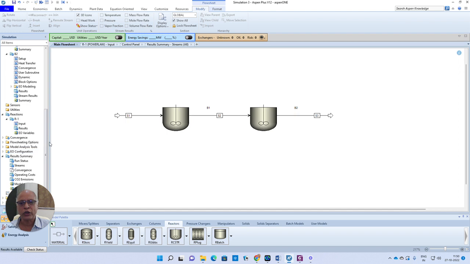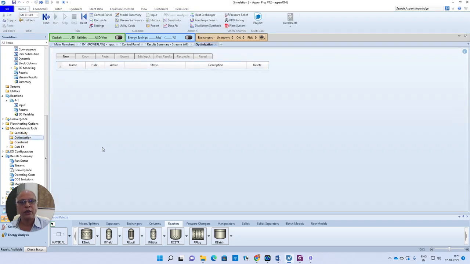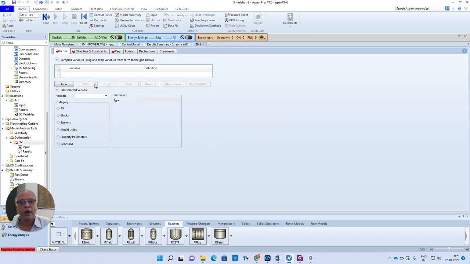Now we would like to use another tool to solve this problem. Let us use model analysis tools, optimization, new. It labels it as O1, optimization 1. Now, what is it that we want? We wanted a particular conversion. So how will you be able to define conversion? Let me define two variables. FA naught is the inlet molar flow rate of the reactant.